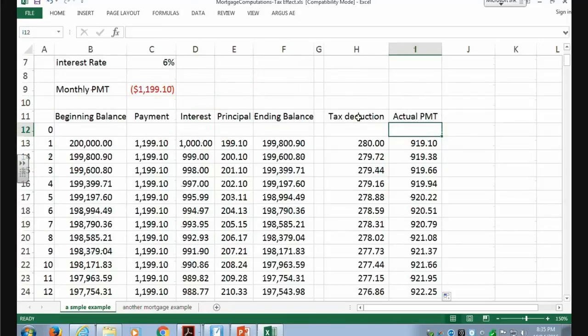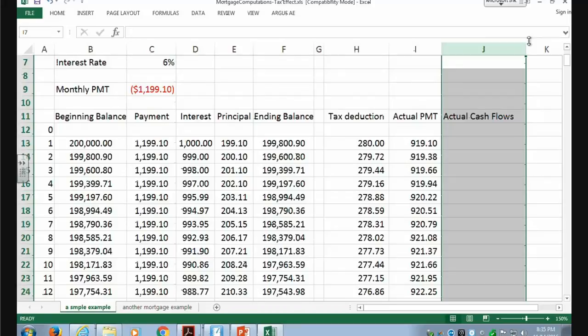So now look at your actual cash flow. Is there any cost associated with the loan? No?